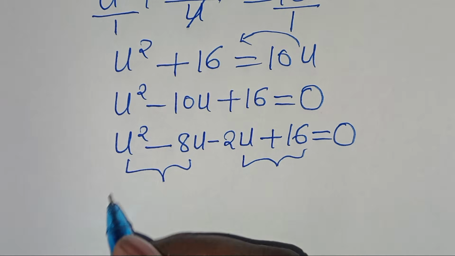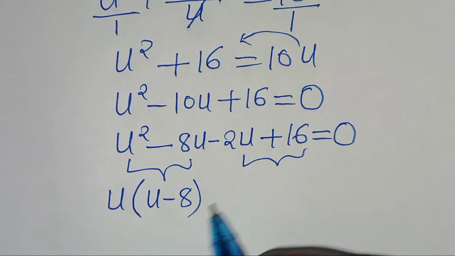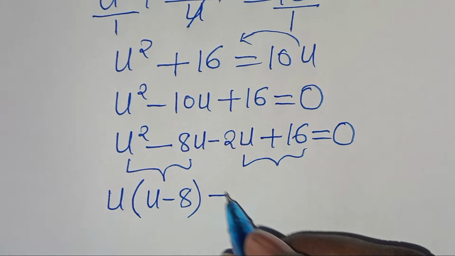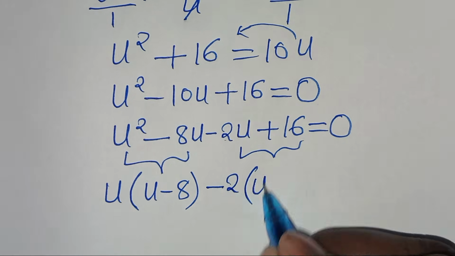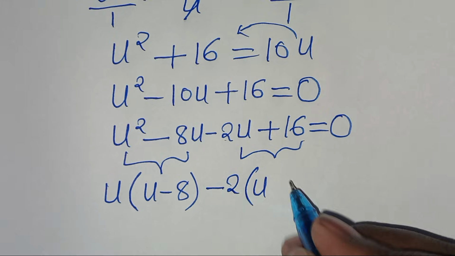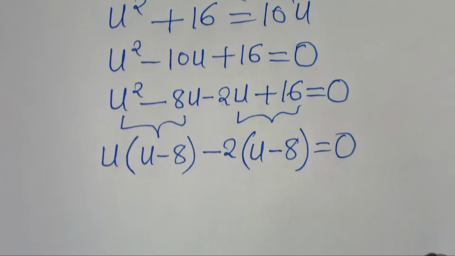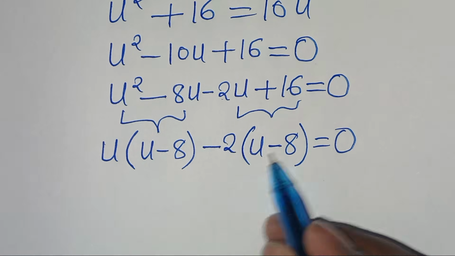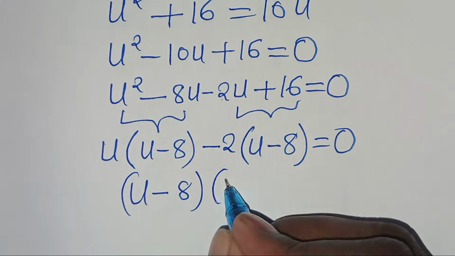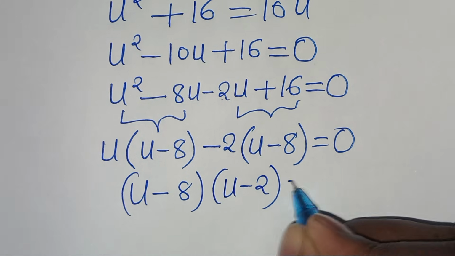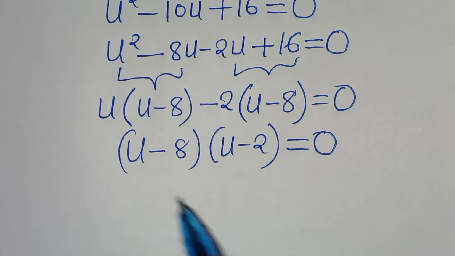From the first part, u is common, so we have u times u minus 8. Subtract 2 is common here, so we have 2 times u plus 16 divided by minus 2, this is minus 8, and this is equal to 0. u minus 8 is common, so we have u subtract 8 multiplied by u subtract 2, this is equal to 0. So we have got two cases here.